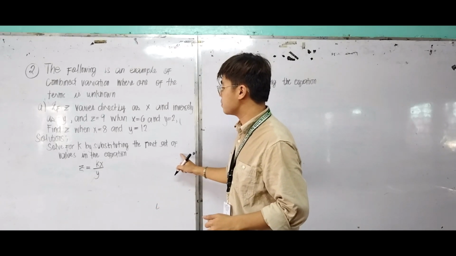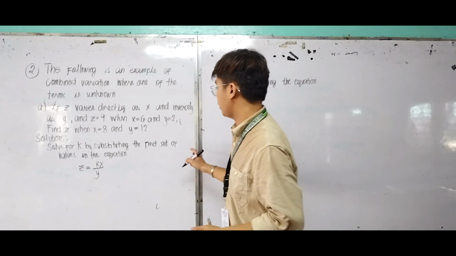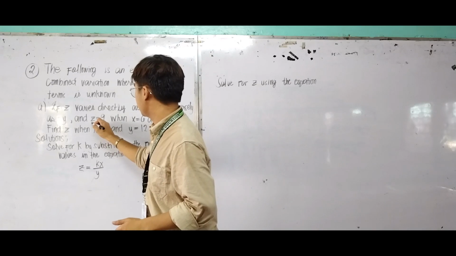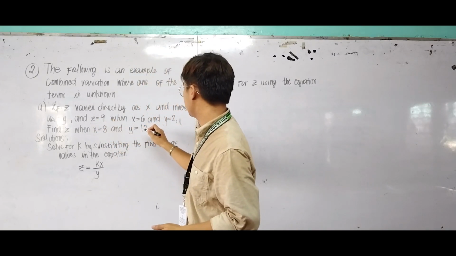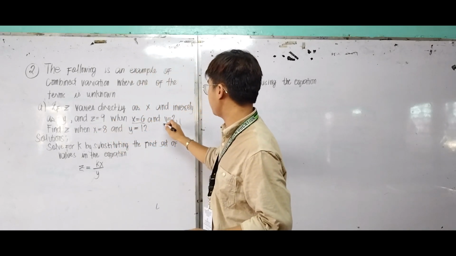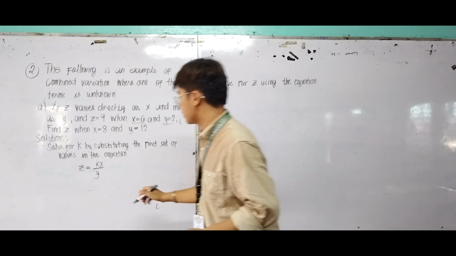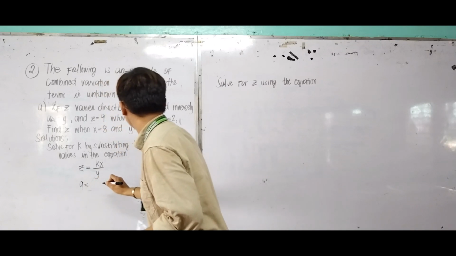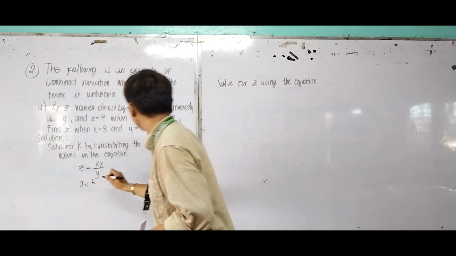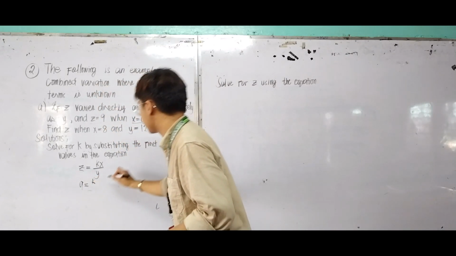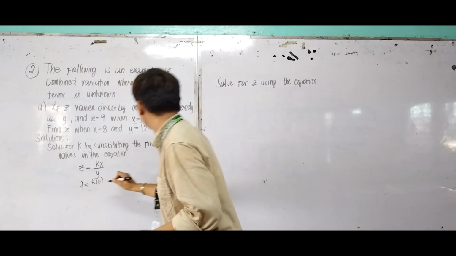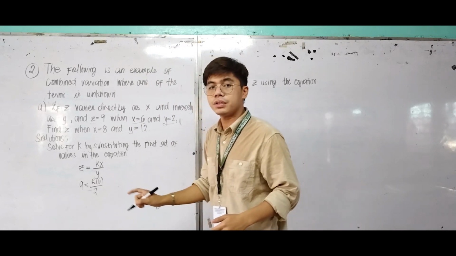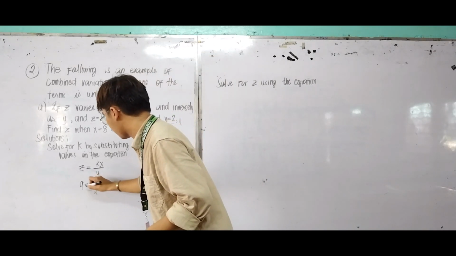Now next, we need to substitute the first set of values in the equation. So we have z equals 9, x equals 6, and y equals 2. So we have here 9 equals k times 6 over 2. Now next, we need to cross multiply.